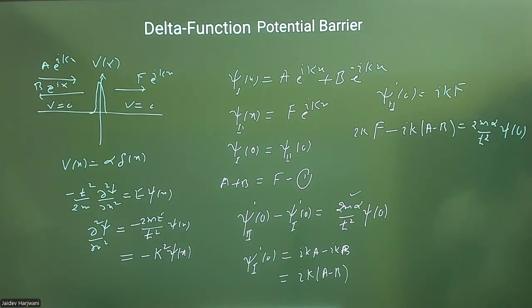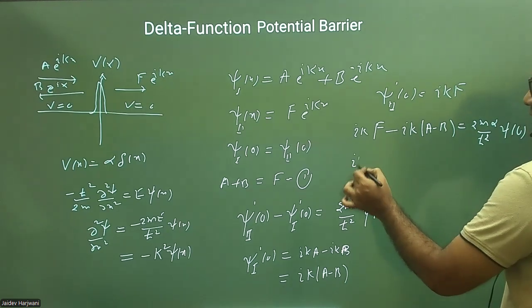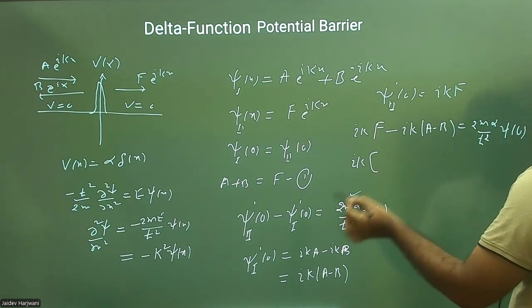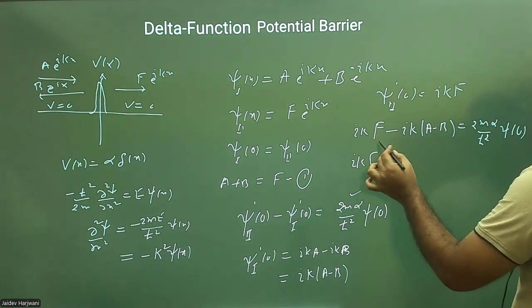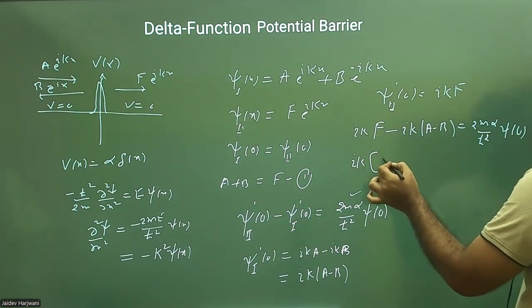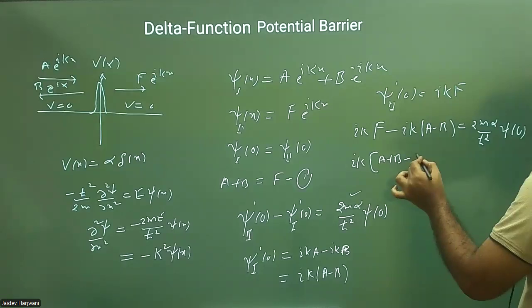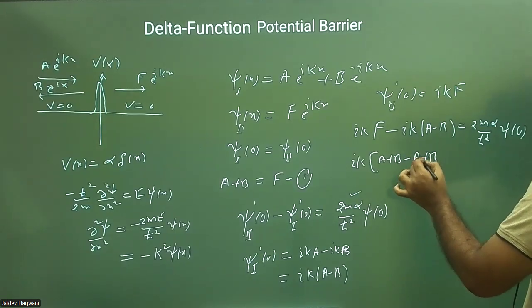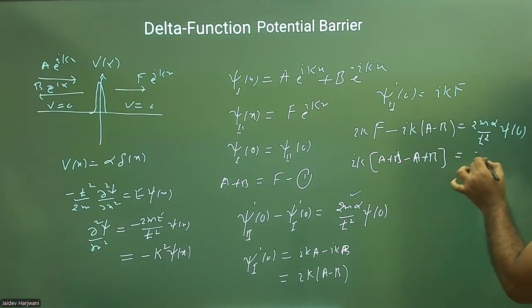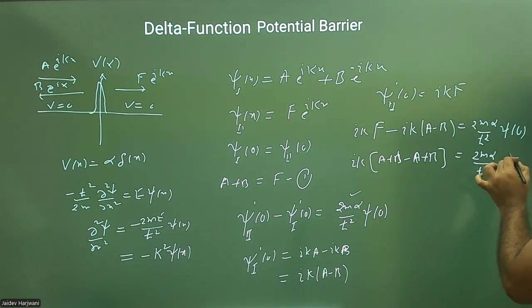Now if I solve this one, this gives me iota k f is your a plus b, so a plus b minus a plus b cancels out. You have 2 m alpha upon h cut square. Psi 0 is again a plus b.